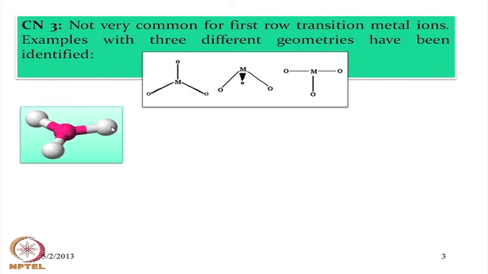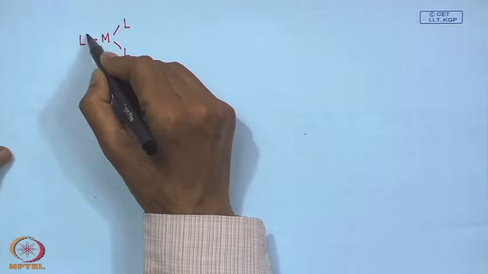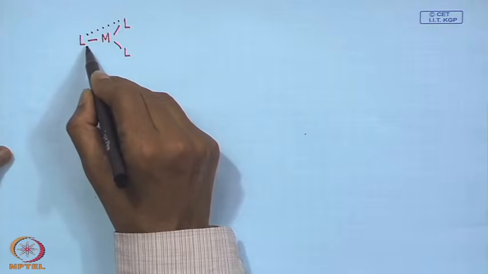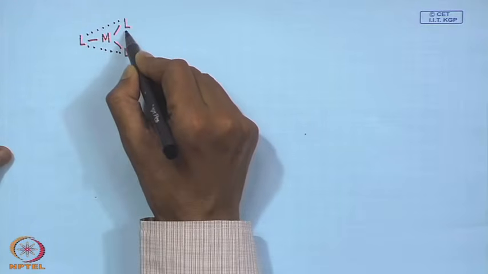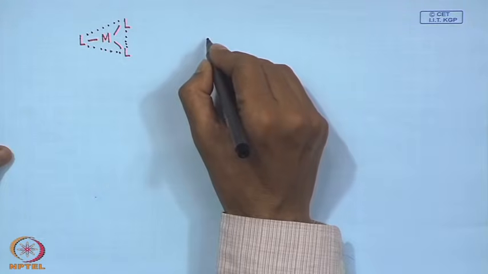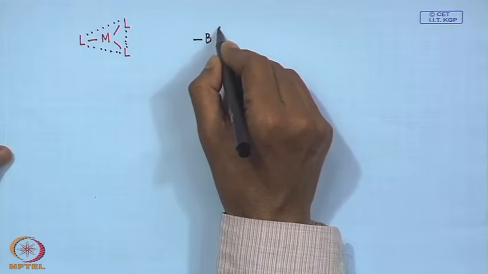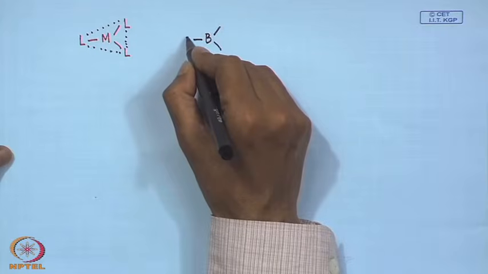So, if we have the metal at the center and three ligands at three different positions of the equilateral triangle, we get this particular geometry, which is known for boron trifluoride.